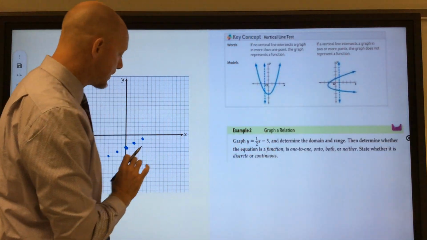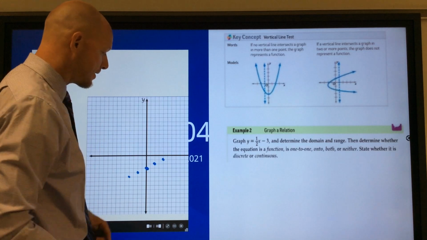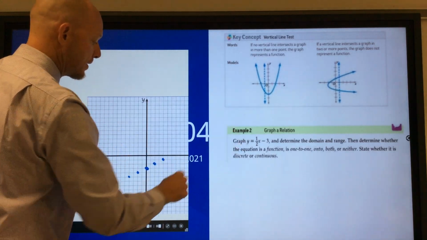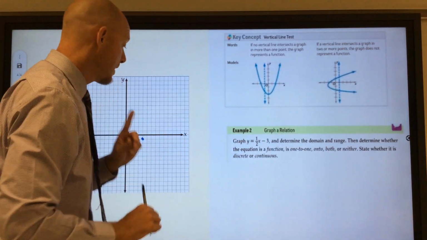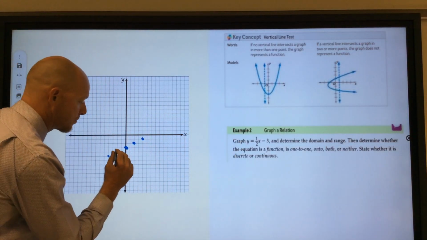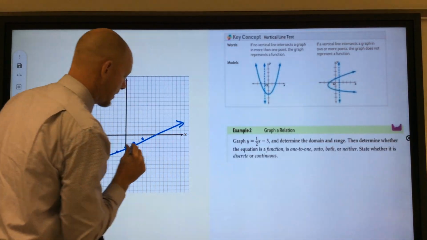But again, we're tempted here to say, well, this looks like it's going to be discrete. But I have to remember, this is just my work that's helping me graph this equation. The actual graph of this equation, as we well know, is the line that looks like this.